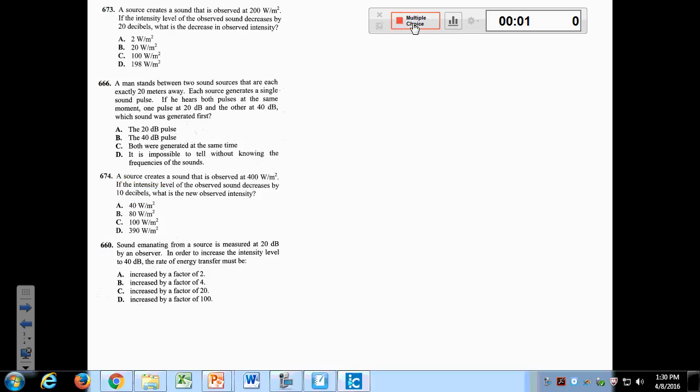So we'll look at 673 first. A source creates a sound that's observed at 200 watts per square meter. The intensity level decreases by 20 decibels.